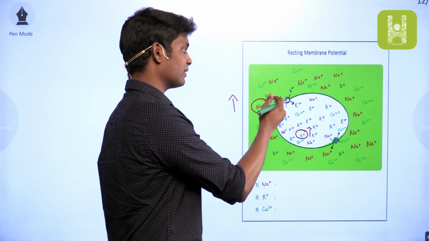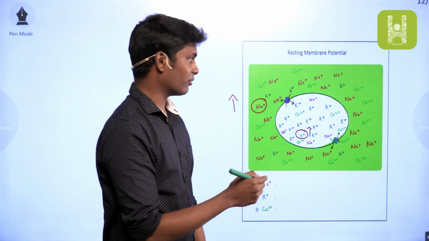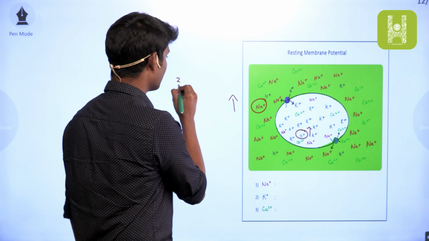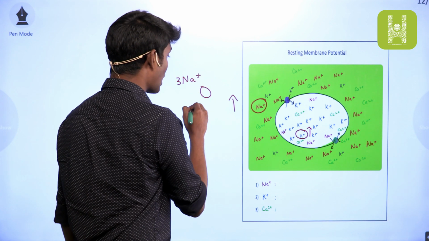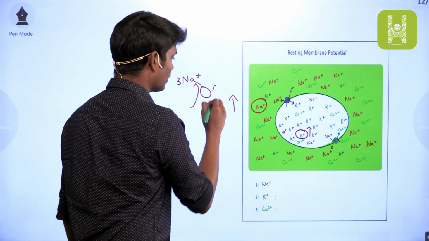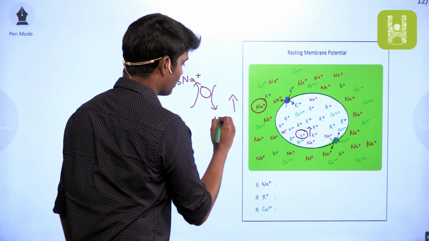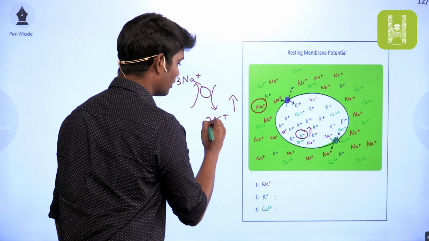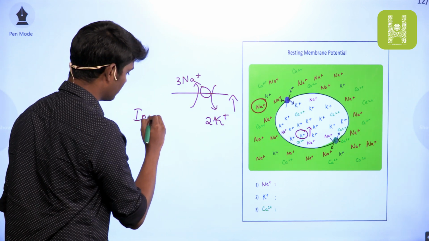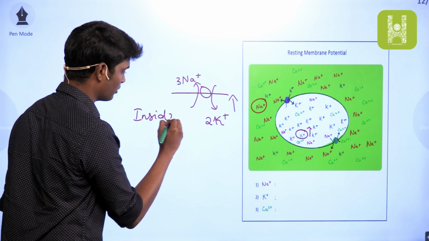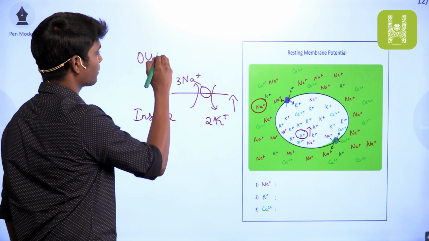We all know about the basic Na+/K+ ATPase pump, which pumps 3 sodium outside and pumps in 2 potassium. So this is inside the cell, this is outside the cell.